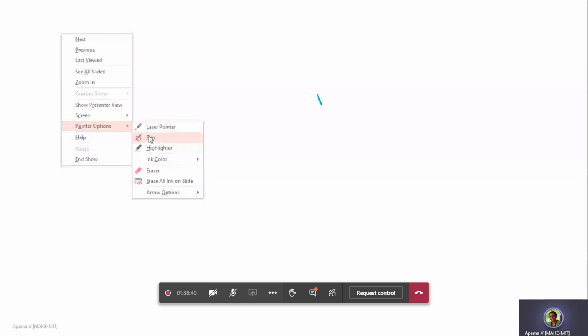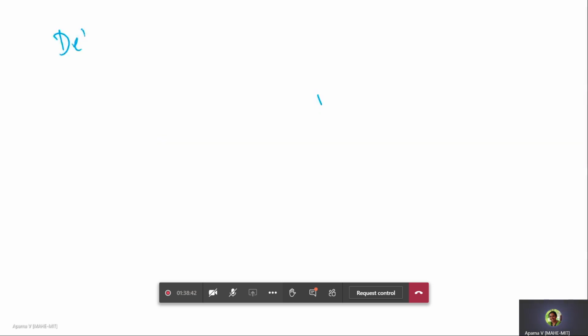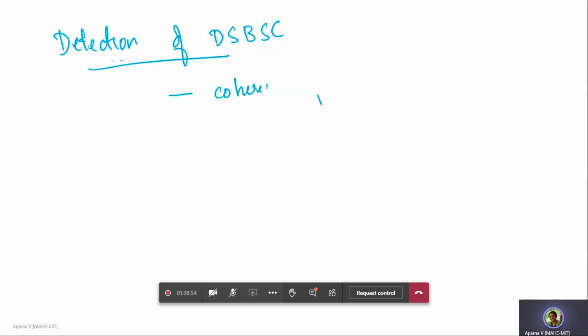And next is the last topic for the day: detection of DSB-SC. Detection of a DSB-SC signal uses the coherent detection technique. Any idea what is meant by coherence?